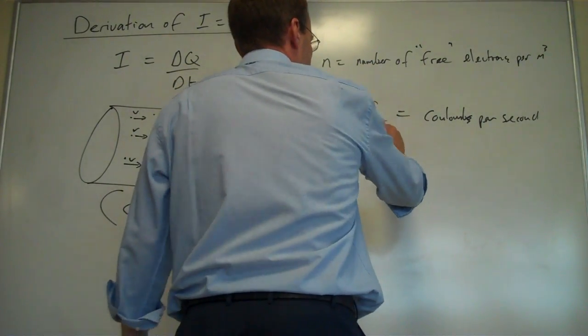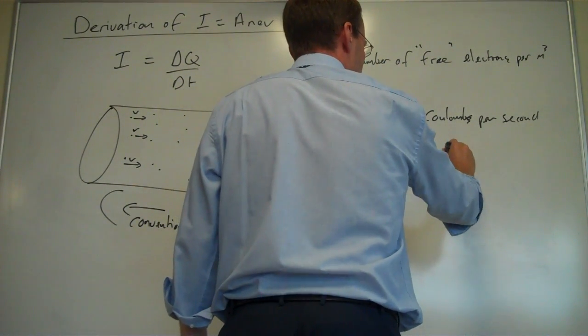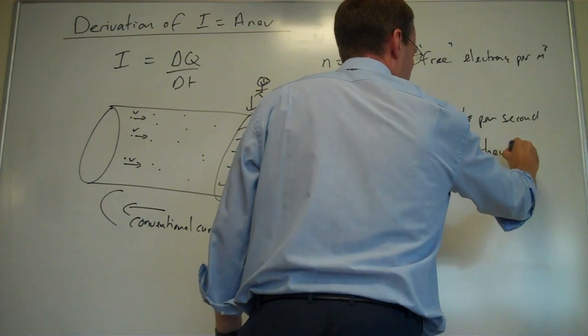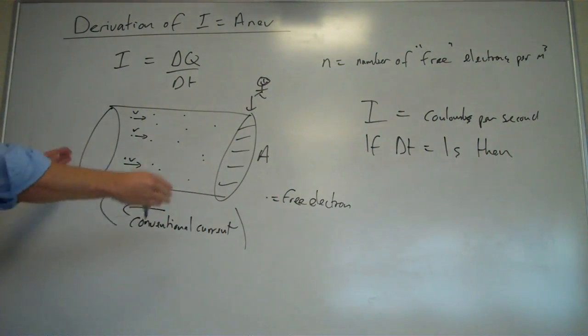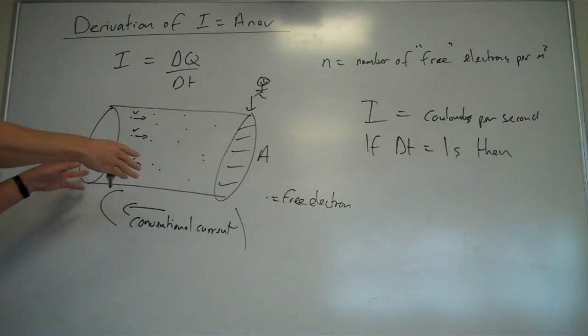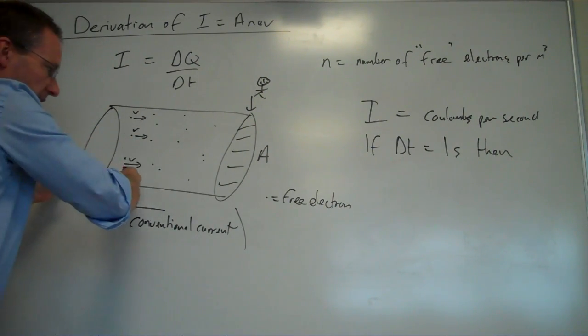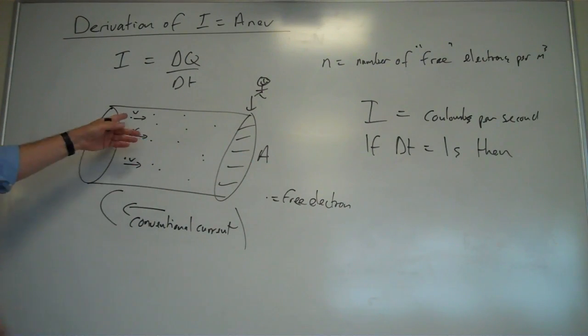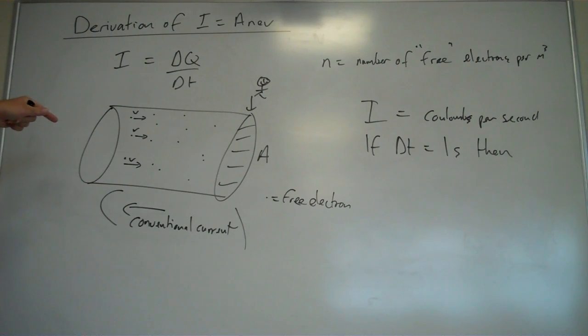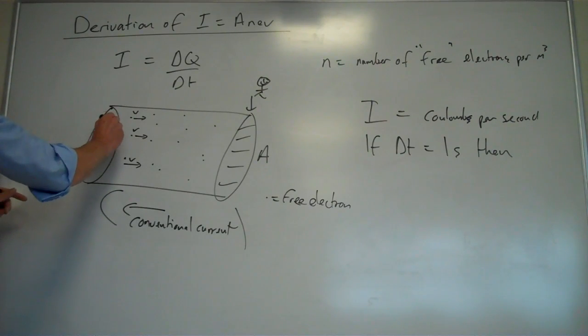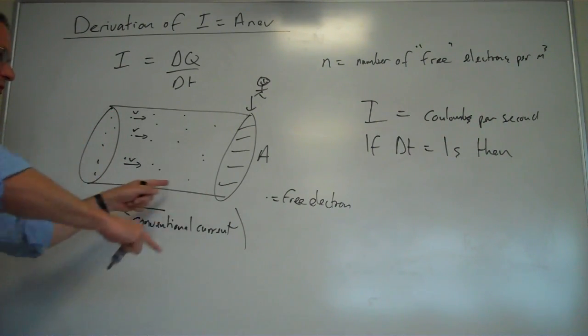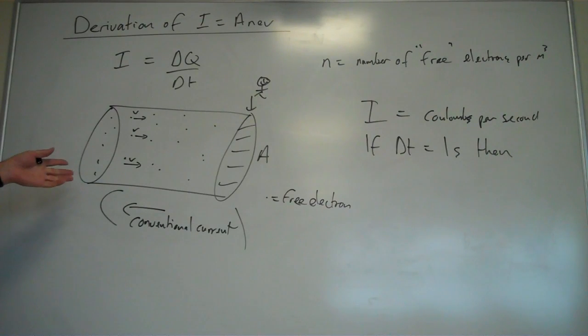So, if delta t equals 1 second, then I need to know what length this little volume of wire would be. In other words, in 1 second, how far would that block have moved? Well, if it's travelling at v metres per second, guess what? If it's going at 10 metres per second, how far would these last electrons, right at the other end, have moved in 1 second? 10. If they were travelling at 1 metre per second, how far would they go? 1.